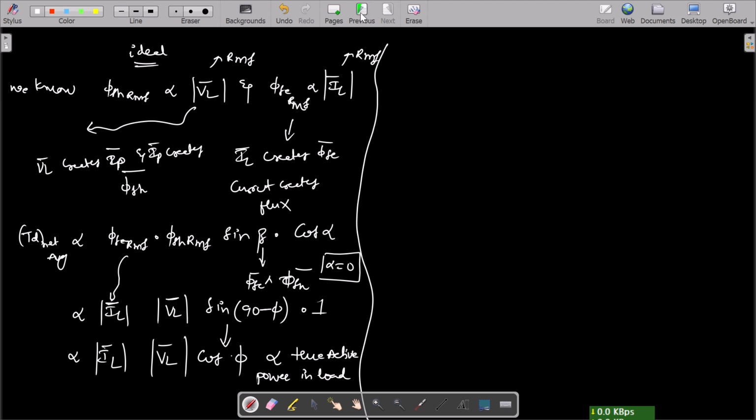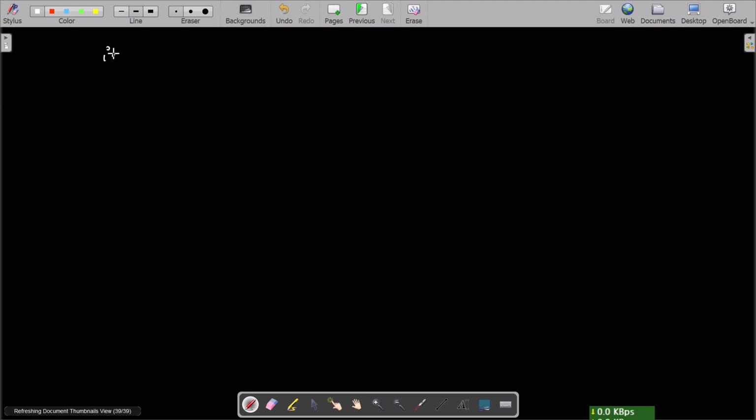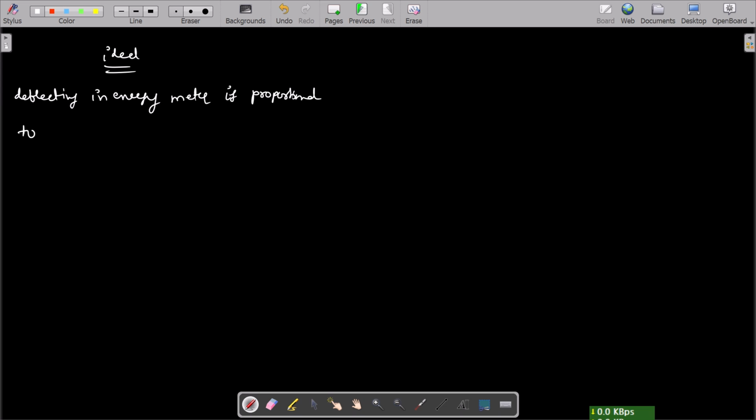That is what we can say: for the ideal case, the deflecting torque in the energy meter is proportional to the true active power of the load, that is, TD net average will be proportional to active power.